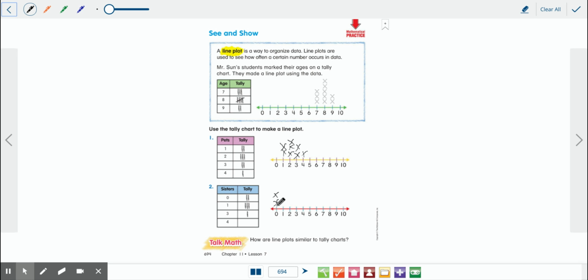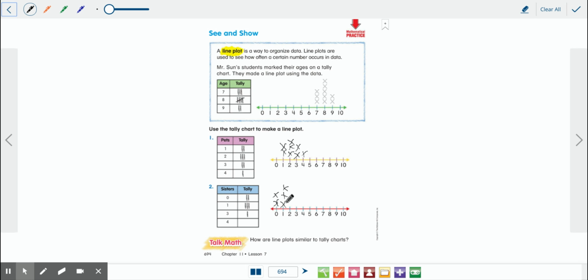Make that a little neater. 1, 2, 3 students have 1 sister. So I need 1, 2, 3. And then I look at how many students have 3 sisters?